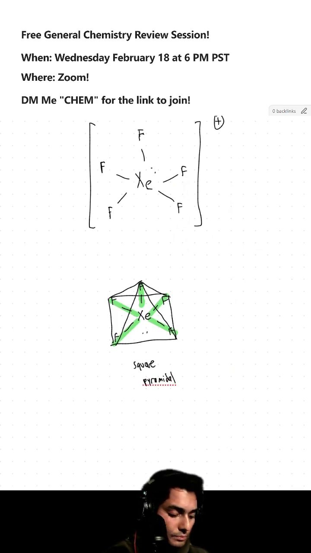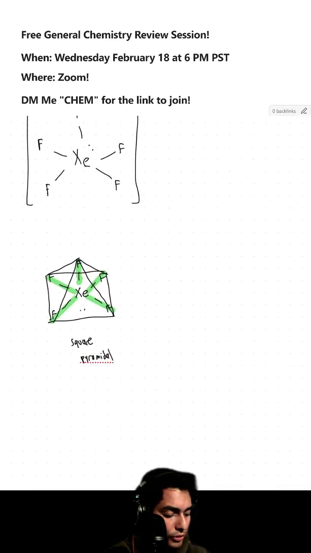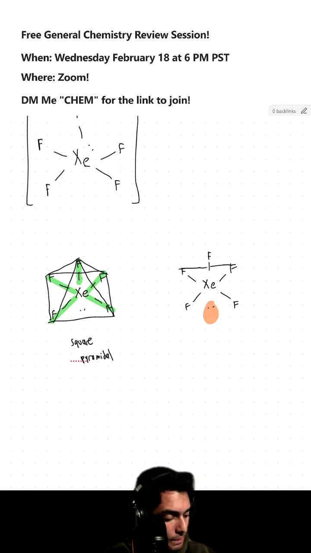If we include the electronic geometry, where now we consider the valence electrons, it is going to be octahedral. Electronic geometry means that we consider the electrons. So we still have a square base, but then I'm going to connect now to the electron pair down here.